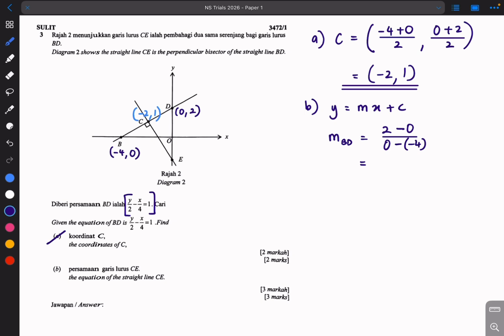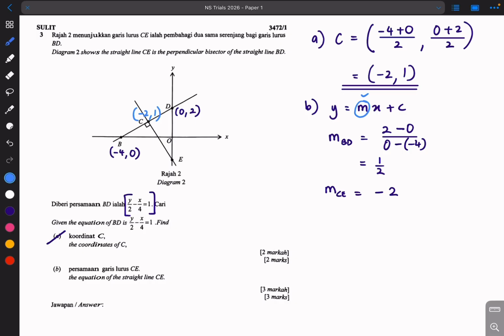So this is 2 over 4, which is 1 over 2. This is the gradient of this line. Now we can find the gradient of CE. It is the negative reciprocal. Negative reciprocal means you flip it. So if you flip 1 over 2, you'll get 2 over 1, which is just 2. So the gradient of CE, we've got it ready.